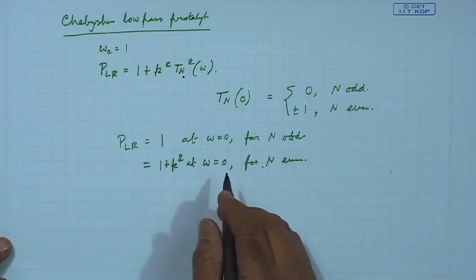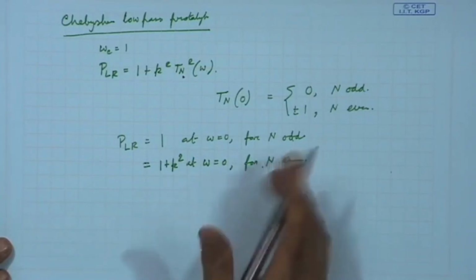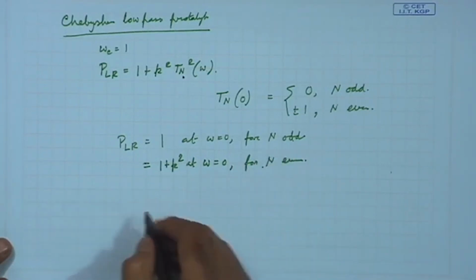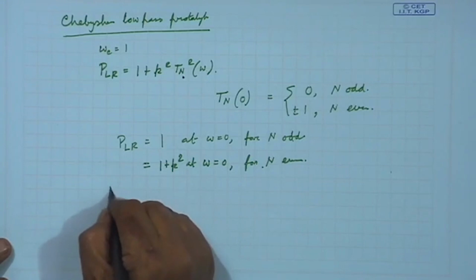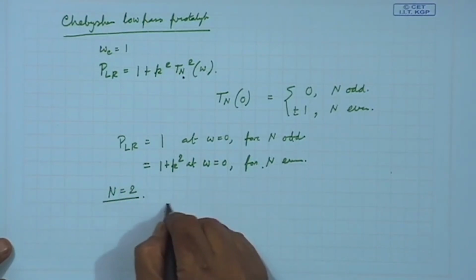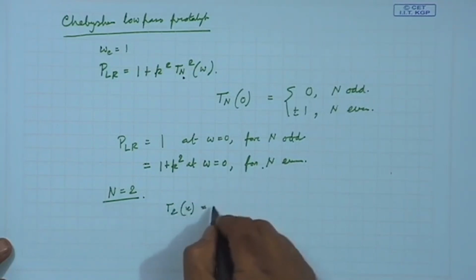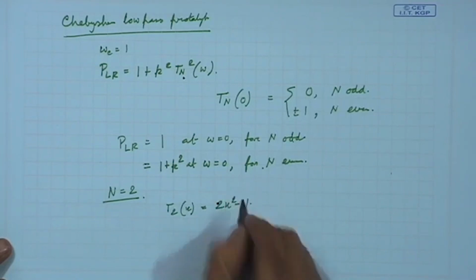So, for the n is equal to 2 prototype, suppose we choose n is equal to 2, let us say. For n is equal to 2, T 2 x, the Chebyshev polynomial of second order, is 2 x square minus 1.